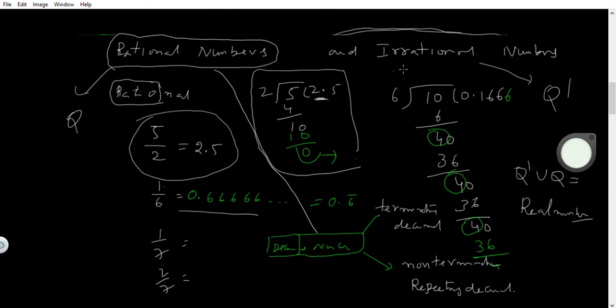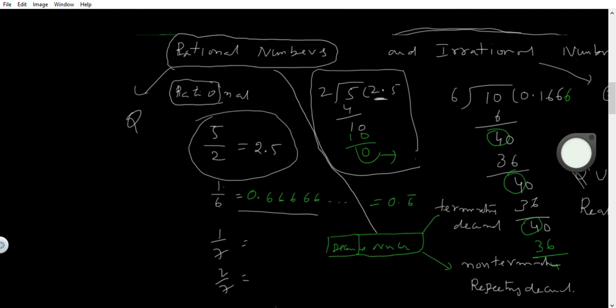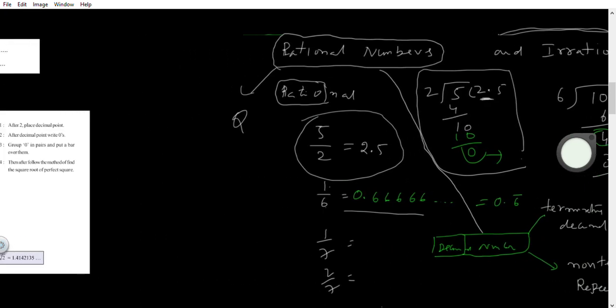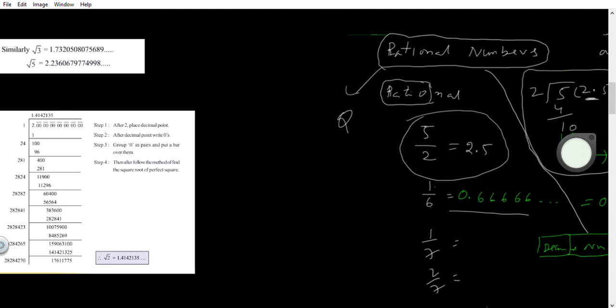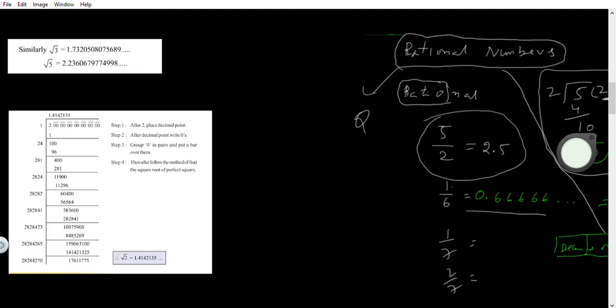When we come to the irrational numbers, we cannot express them in the form of p by q, and these are also called non-terminating, non-repeating decimals. Those are called irrational numbers. We see irrational numbers in 8th class, but we don't know really what irrational numbers are. We'll see with the help of examples.